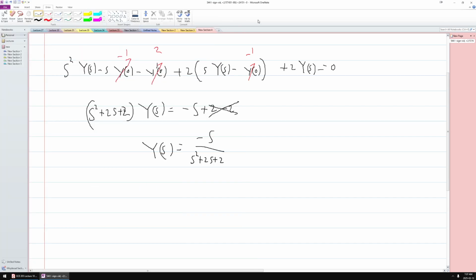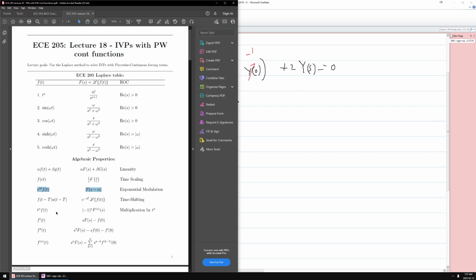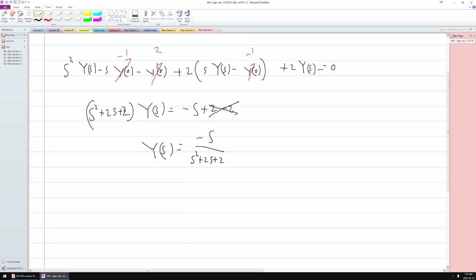Turns out that the trick that I can do for these is to complete the square. If I complete the square for this denominator, then I can rewrite it where part of it will be an exponential modulation and another part will be sines, cosines, or sinh, cosh, depending on the numerator and whether I get a plus or a minus. So here's how completing the square works. s squared plus 2s, I could add something to this that I will also subtract, plus 2.